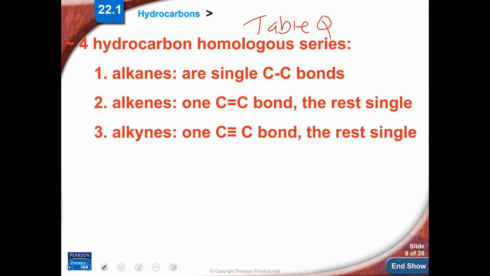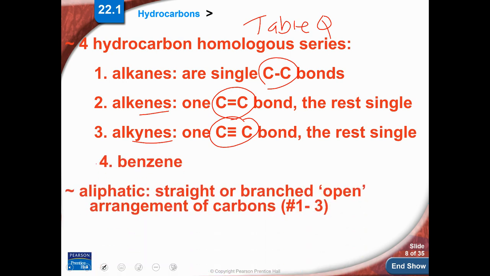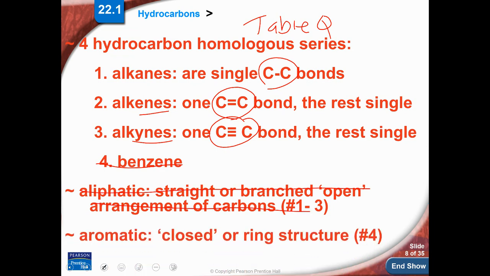Because on table Q, the example has a single bond. The alkenes have a double bond because the example on table Q has a double bond. The alkynes have the triple bond. And then benzenes, don't worry about that. And aliphatic, we're not going to worry about that.